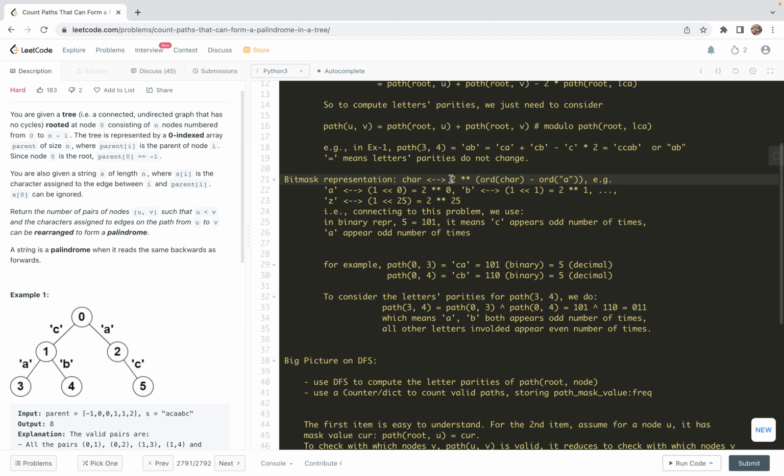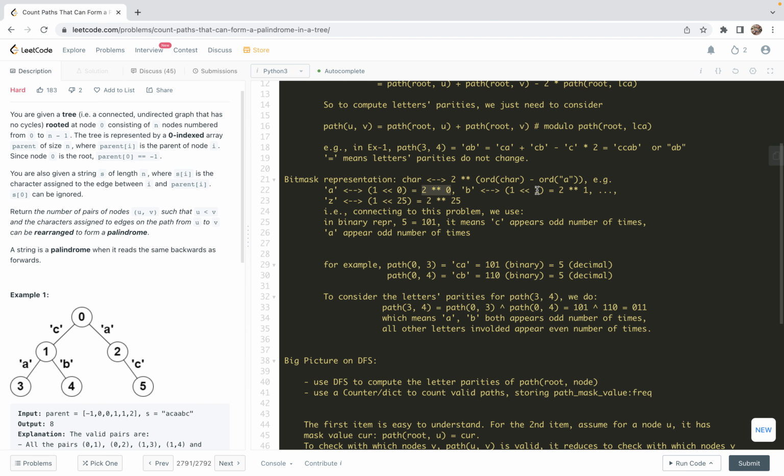Then basically the number corresponding to that position is 2 to the power of that position. So here I'm going to use this representation. So for example, A is the first letter, so it's going to correspond to the first bit position, corresponding to 2 to the power of 0. So in binary, it's just a 1, or in decimal, it's just a 1 also.